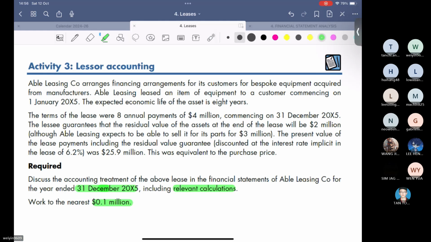So let's read the question. 5 minutes. Not very difficult because it is similar to your Illustration 5 and Activity 3, choose one. So let's read the question. 5 minutes.